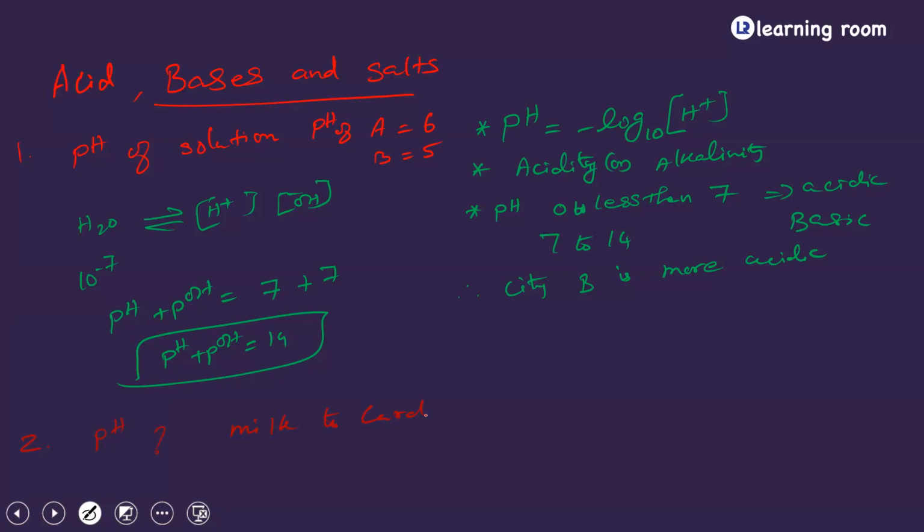The pH decreases, right? Why does it decrease? Curd has lactic acid, which means it contains H plus ion. So the pH of the solution becomes less. Hence pH will decrease when milk changes into curd.